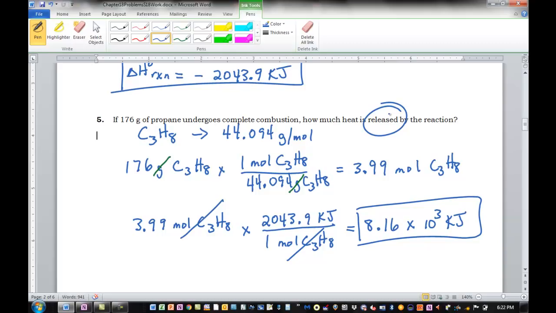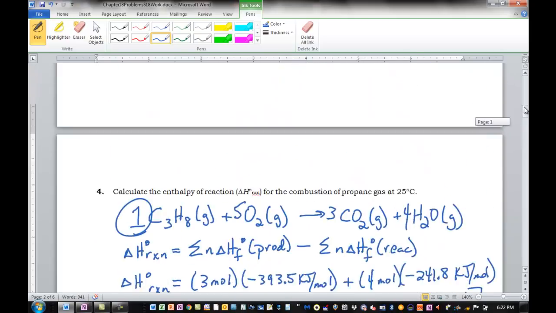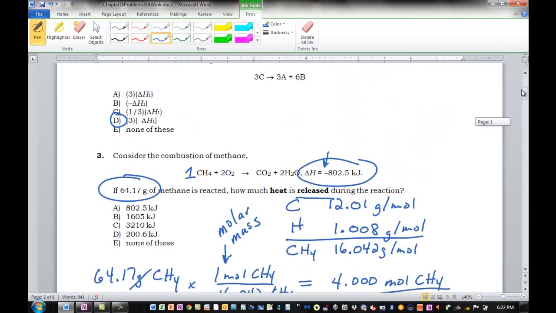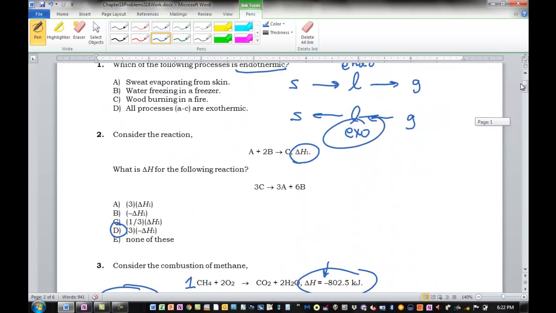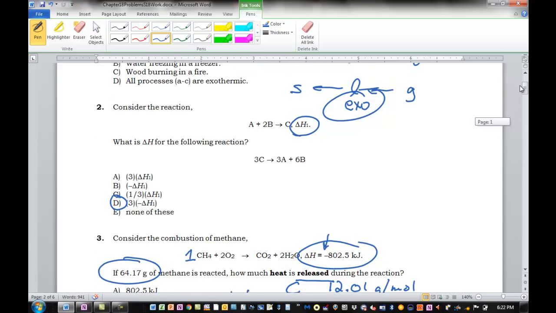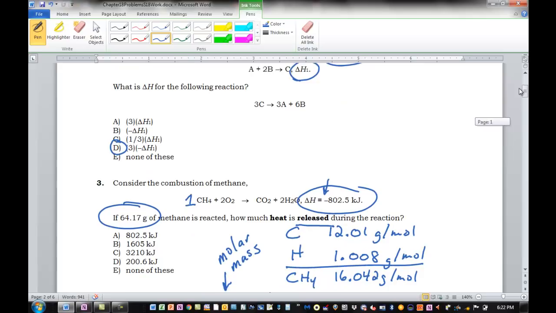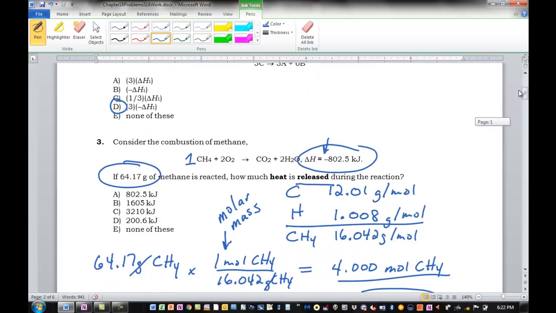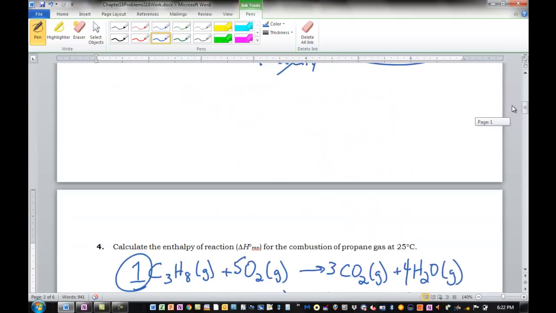All right. So for the quiz in Blackboard, just to give you a little heads up, it will cover this material that we've gone through. Make sure you know exothermic, endothermic, and the sign convention. Make sure you know how delta H is affected by multiplying by a factor or turning the reaction around. Make sure you can do a calculation like this one where you react a different amount of substance than what's in the balanced equation.